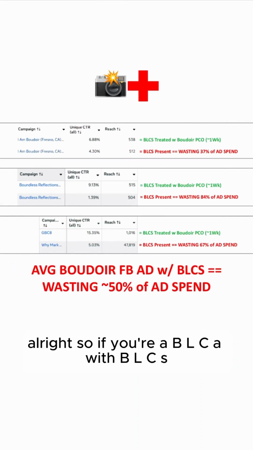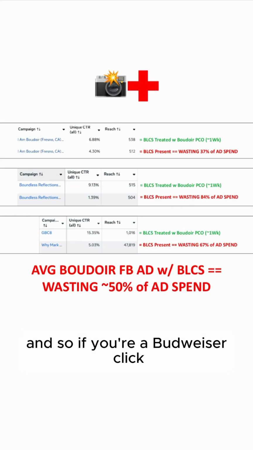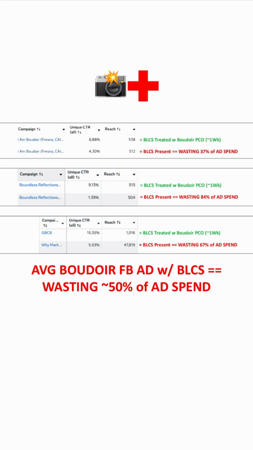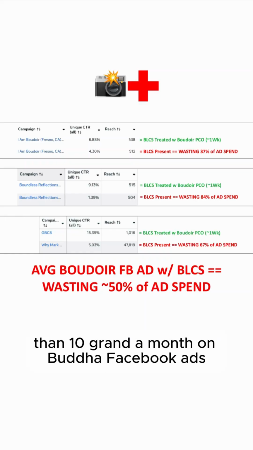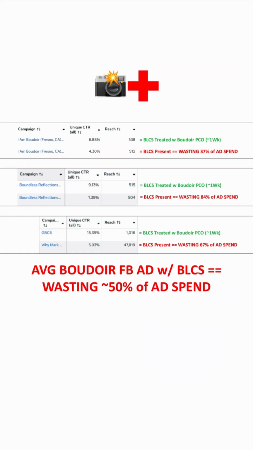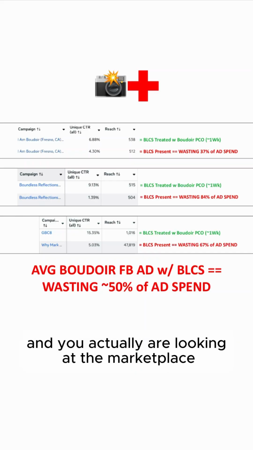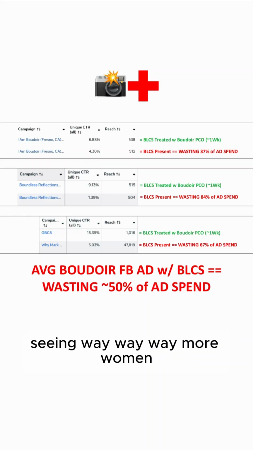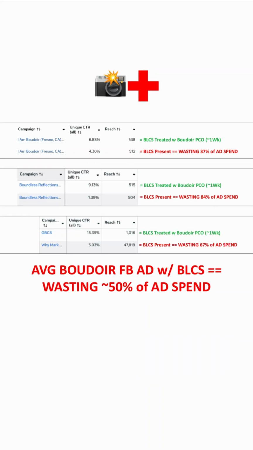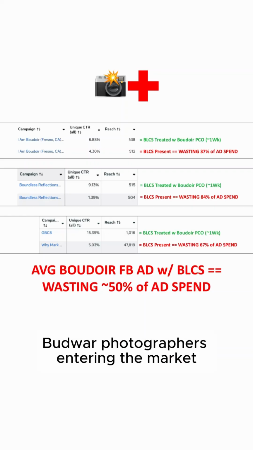So, all right, if you're a BLCA with BLCS, a boudoir low click advertiser with boudoir low click syndrome, and you're spending more than 10 grand a month on boudoir Facebook ads, and you're looking at the marketplace, seeing way, way more boudoir photographers entering the market.